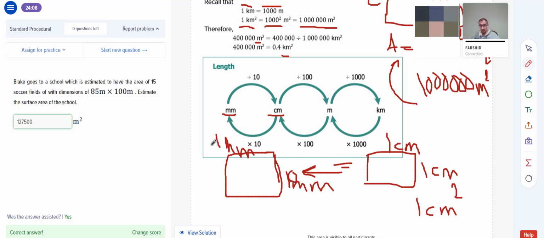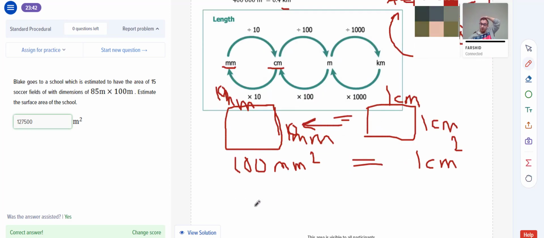So it should be 10 millimeter, in fact. So actually, it is 100 square millimeter. So you would say these two figures are equal. Either you can say it is 1 square centimeter, or you can say 100 square millimeter.